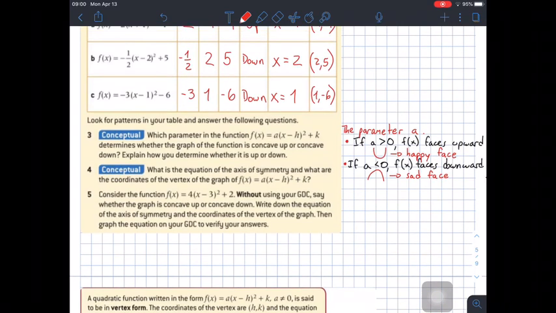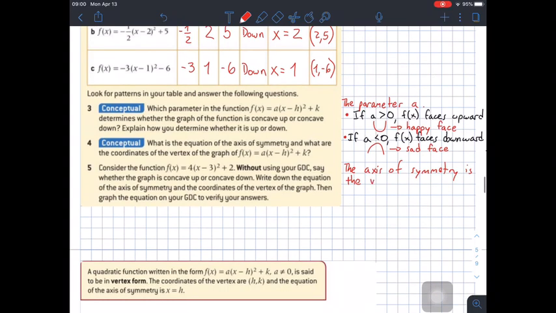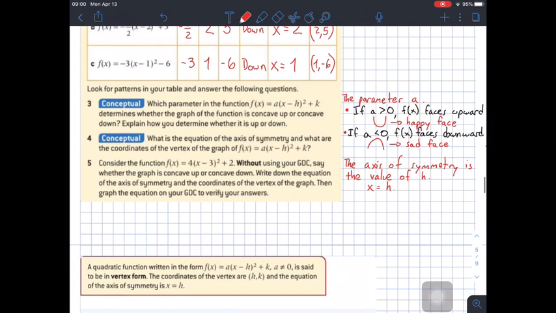The axis of symmetry is the value of h. So it's always x equals h, whatever the value of h is in the equation.